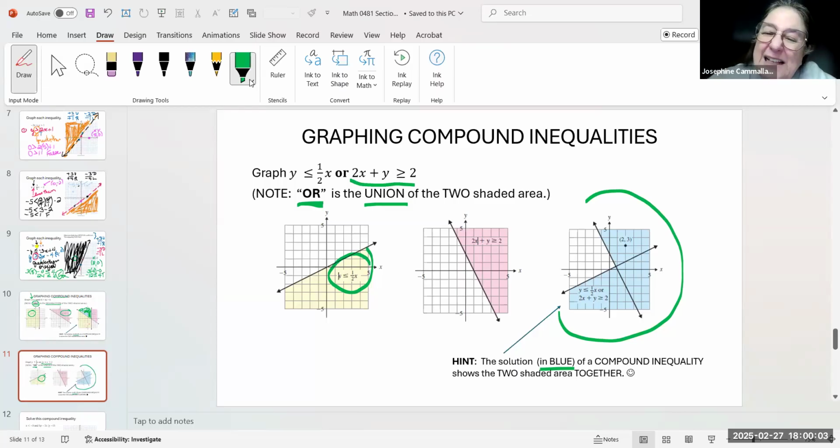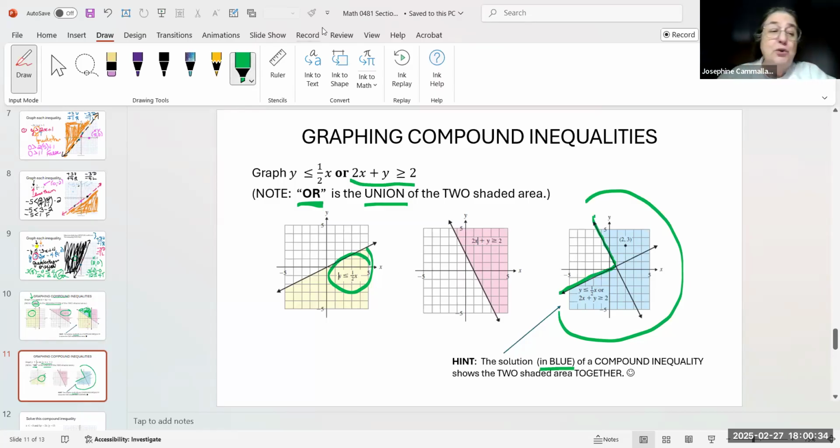There's only that little part here between these two lines that has no shading. That's an or. The union is everybody, or all parts. Where was the pink shaded and where was the yellow shaded?